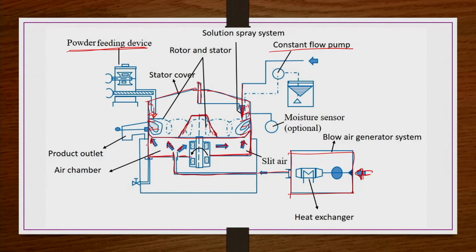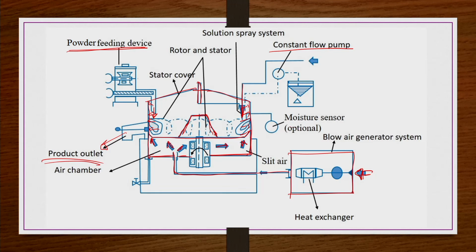And after complete granulation takes place, with proper sufficient drying, the product is taken out from the product outlet. This is the general working principle of centrifugal granulators. One can have modified designs, and different designs are also possible. Fine, so we have taken only one particular way.